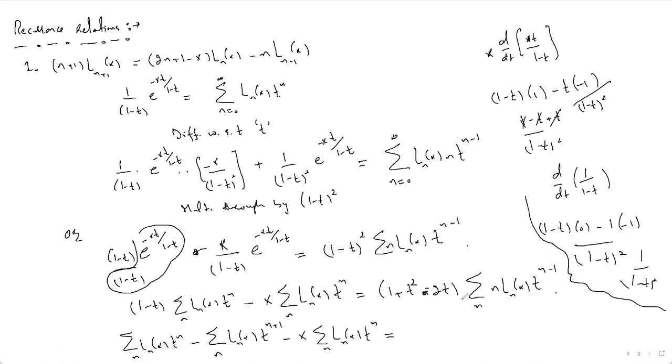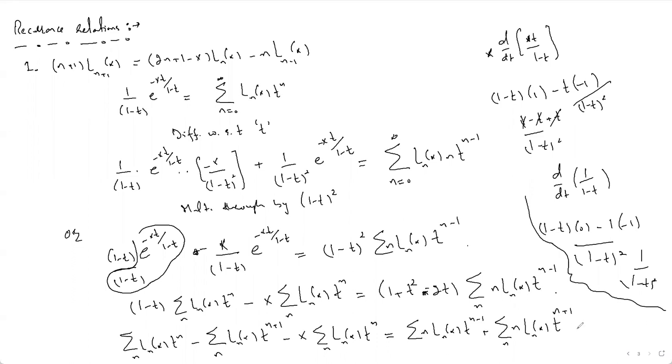Okay, here we will again have three different terms. So one term will be summation over n ln of x t raised to power n minus 1. Another term will be plus summation over n ln of x t raised to power n plus 1, T square n minus 1 into t square, that will be n plus 1.